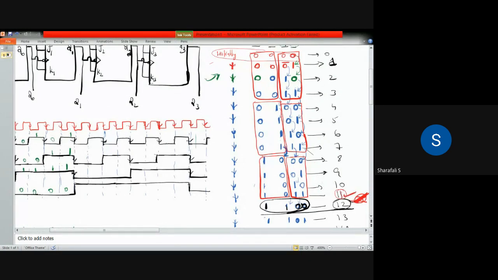When it reaches 1 1 0 0, it has to clear all the memory and go to the 0 0 0 0 position. That we did in the last class. But here we are considering a 4-bit counter and a 3-bit counter, cascade them together, and we'll get the same result, that is a mode 12 counter.